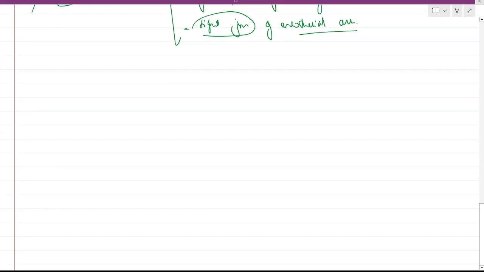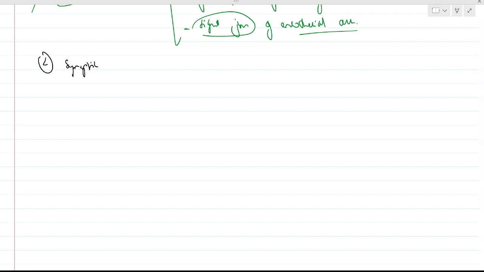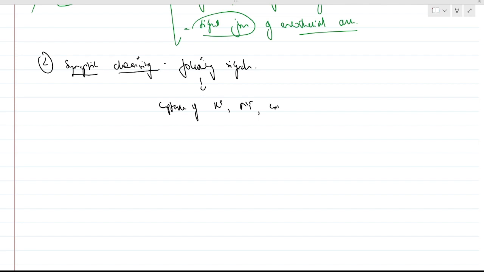Then the next function is synaptic cleansing, or clearing. Following signals, there is uptake of potassium and neurotransmitters into astrocytes.